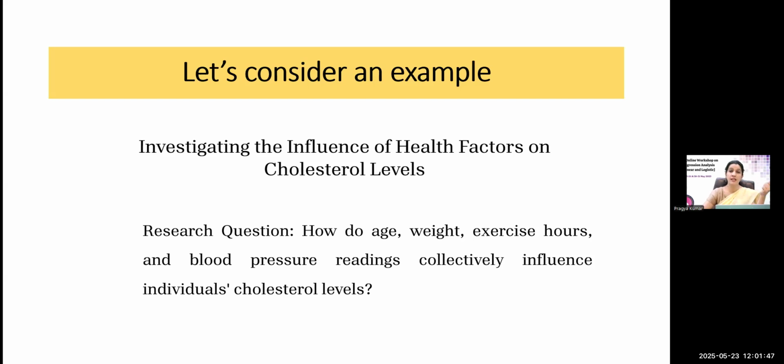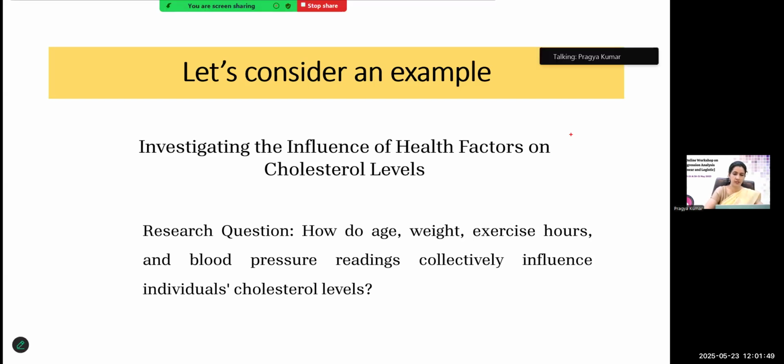Here cholesterol is my dependent variable, and there are many independent variables like age, weight, exercise hours, blood pressure reading. I have to see how all these variables collectively influence the individual cholesterol level.